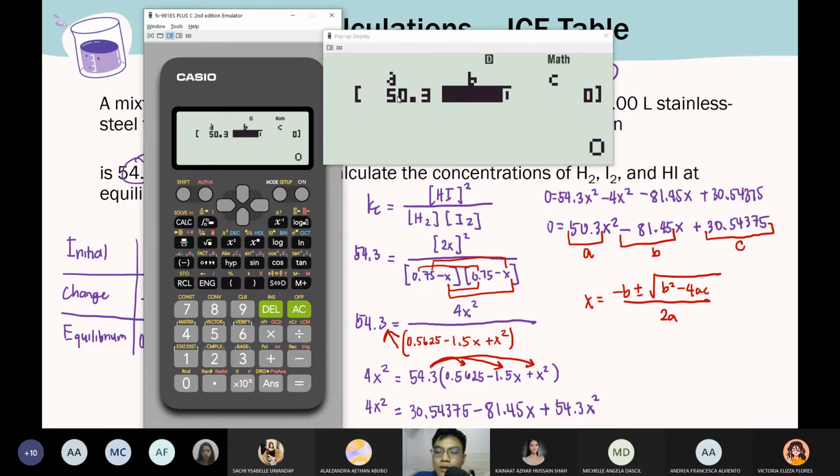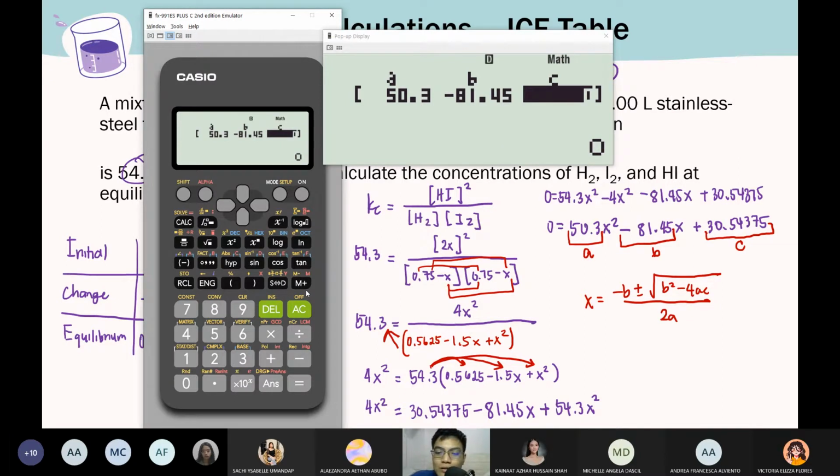For letter B, that's negative 81.45. So you type in negative 81.45. Press equal sign. Sa computer kasi ako. And so press equal sign, then your B is already encoded. So negative 81.45. And then for the letter C, ayun yung mahaba.